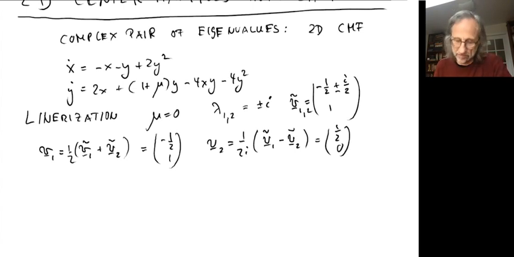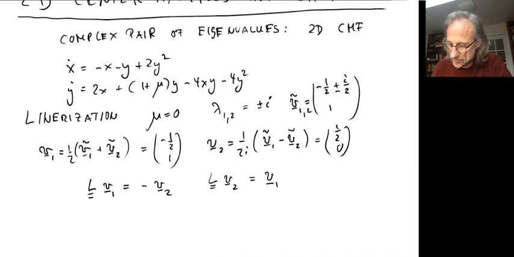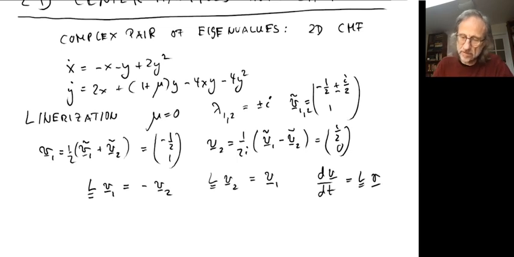So there are two real eigenvectors, and it's easy to check that indeed the space spanned by these is invariant under the dynamics, because if you take your linearization L and apply it to V1, after a little algebra, you see that it's minus V2. And if you apply it to V2, then you get V1. So if you have an equation dV by dt equals LV, then this evolution, because L has this property, stays in the space spanned by V1 and V2.